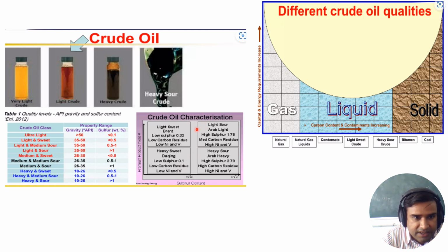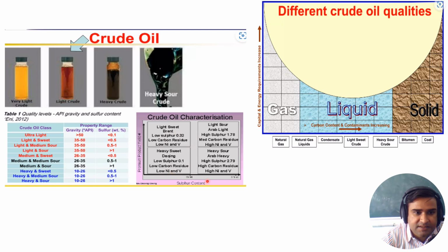Crude oil characterization is also based on the flame production yield. On the x-axis you see the sulfur content, and based on this the crude oil is characterized. For example, light sweet Brent: low sulfur, low carbon residue, low nickel and vanadium. Heavy sweet, Dragon: low sulfur.